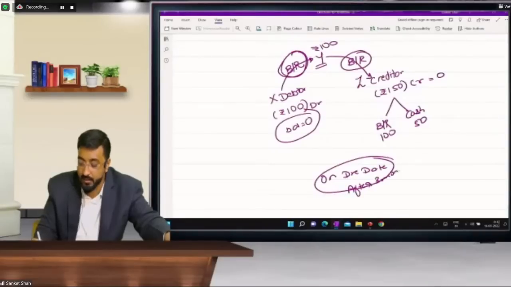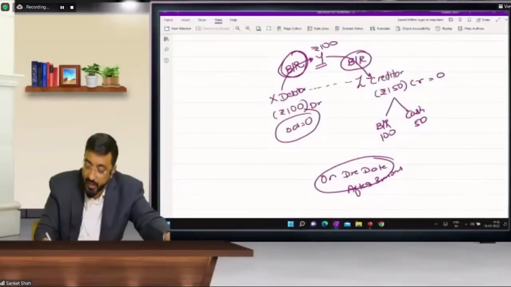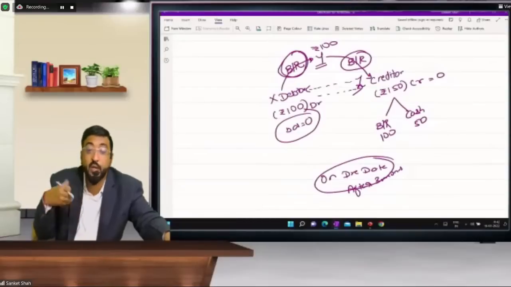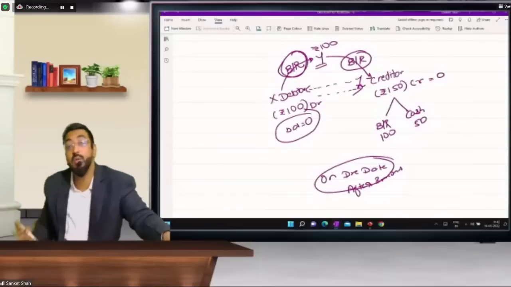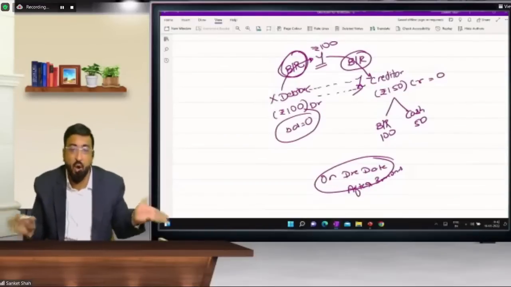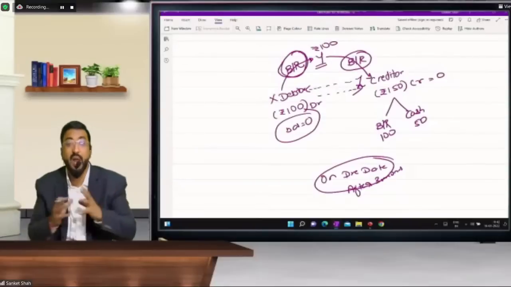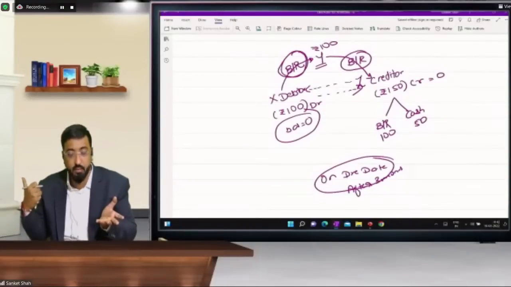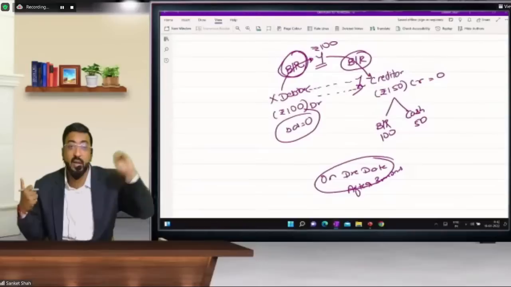After 3 months, Z will contact X and X will pay this money to Z. So instead of paying it to Y, X will pay this money to Z. So there is no role of Y on due date. He's taking bill from X and he's paying this bill to Z.